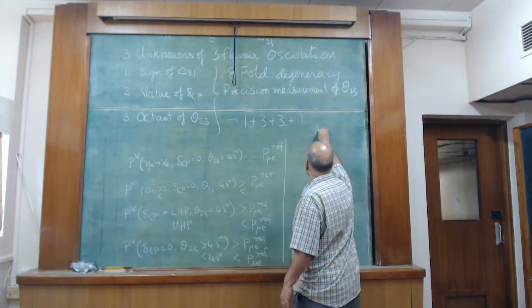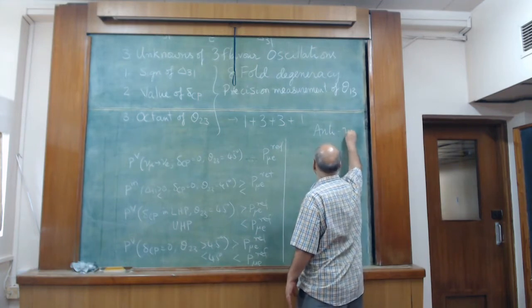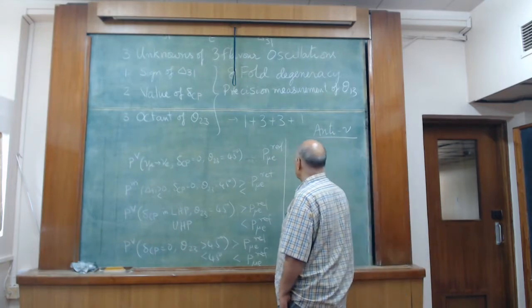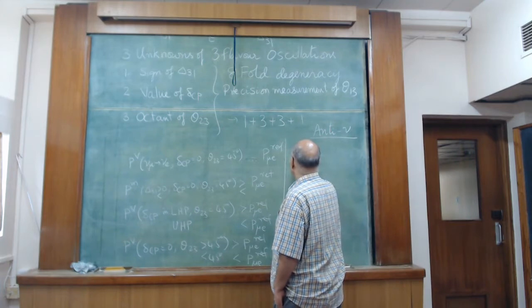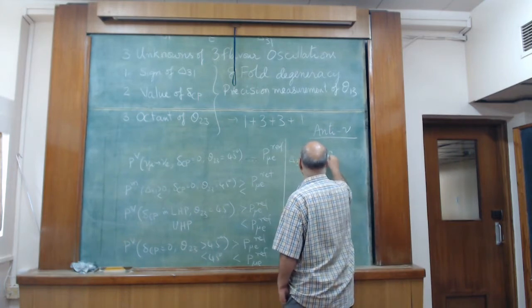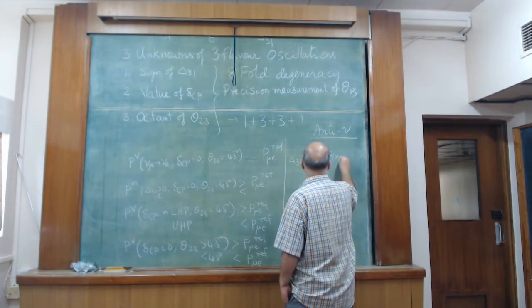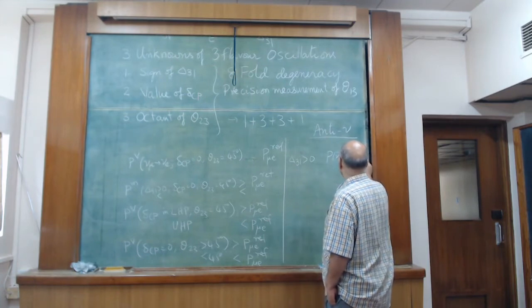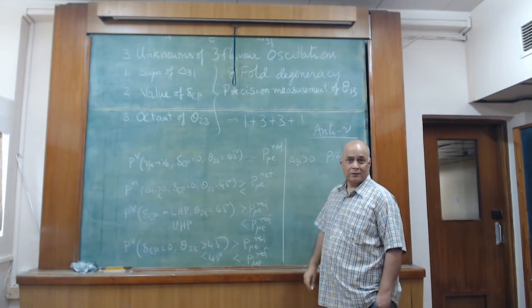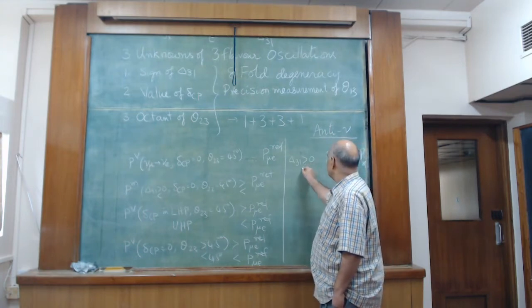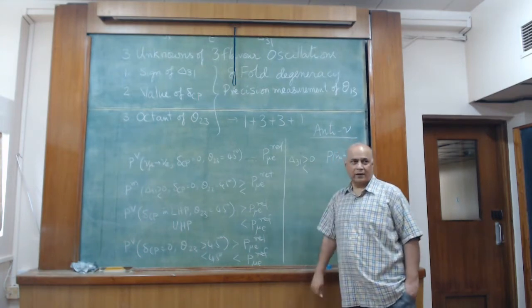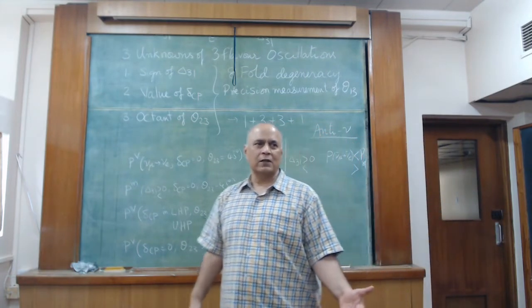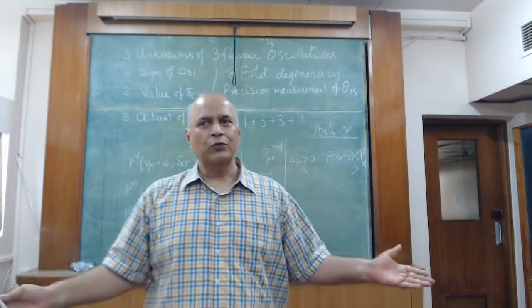Now, if I consider anti-neutrinos, we find that delta 31 greater than 0, then P mu bar to mu e bar is less than the reference, whereas if it is less than 0, this is greater. So as far as the effect of the sign of delta 31 is concerned, neutrinos and anti-neutrinos have opposite effect.